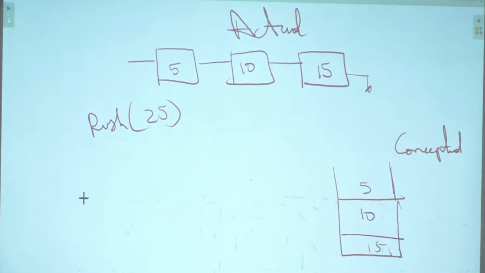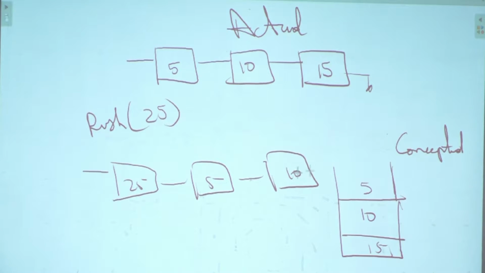How should my linked list be? It should be 25, 5, 10, 15, correct? And my conceptual picture will be 25 here. So this is how my linked list should look, and this is the conceptual picture. This is not important, this is just to understand what that LIFO thing means.